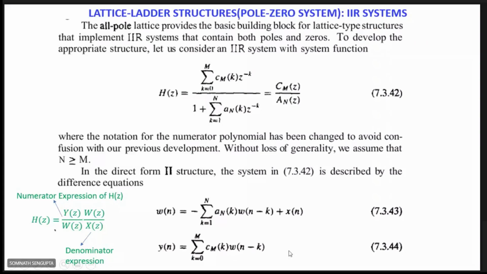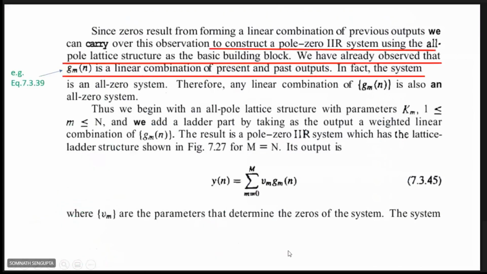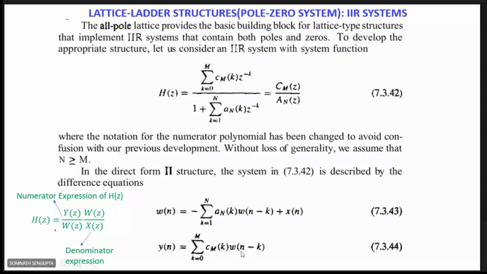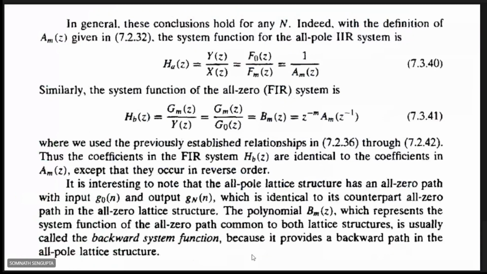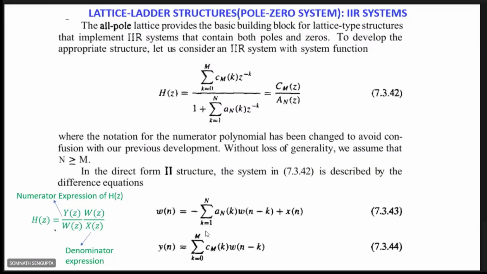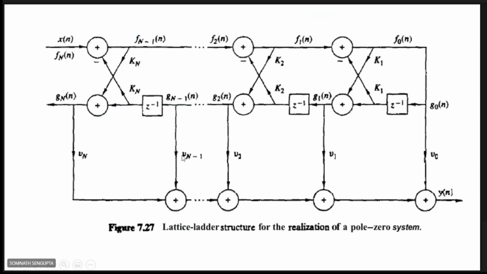So this w(n minus k) is actually different delayed versions of w. This w is actually equal to g, so different delayed versions of g are there.